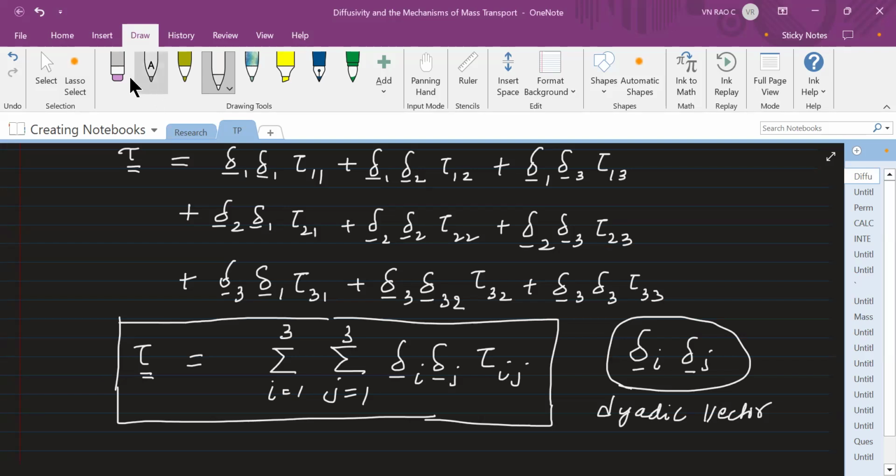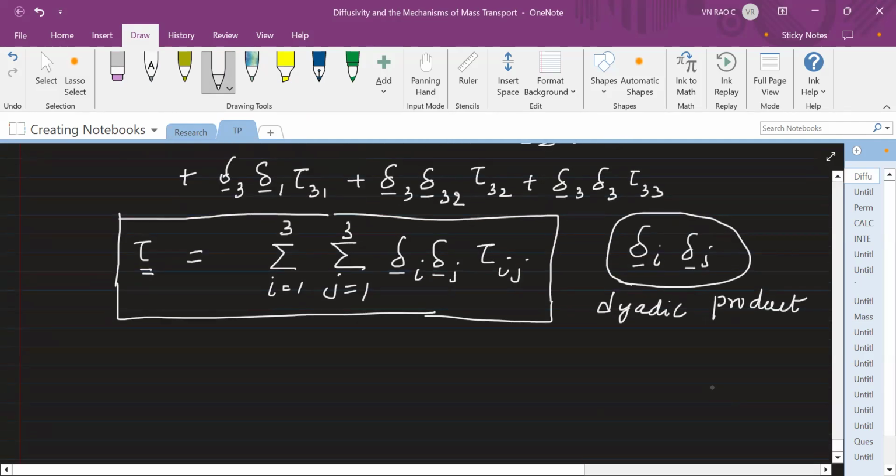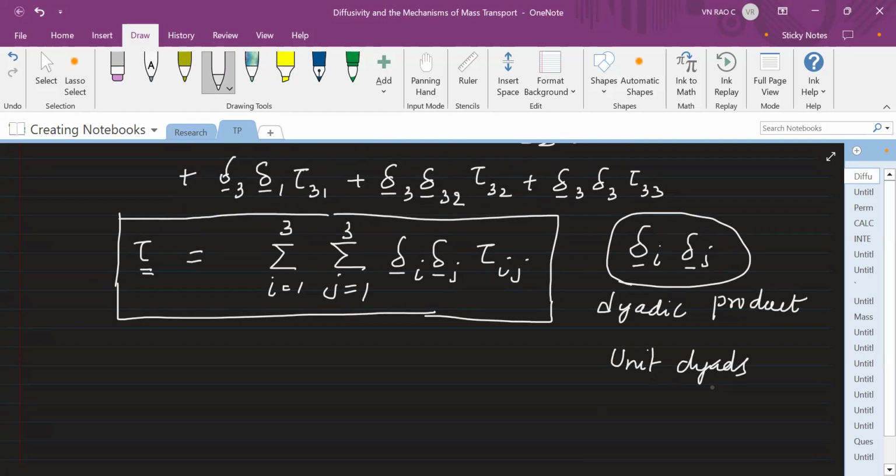We should not say dyadic vector, we should say only dyadic product. Again, vector means this is actually a tensor. But as we are referring to unit vectors, we can call them unit dyads. Okay, we'll see the properties of the unit dyads in the next lesson.